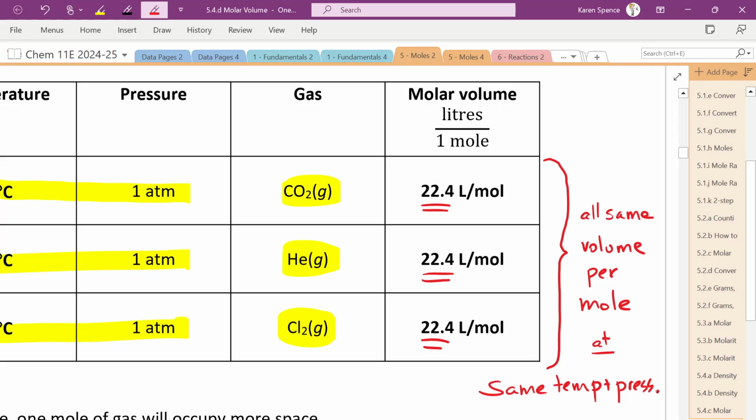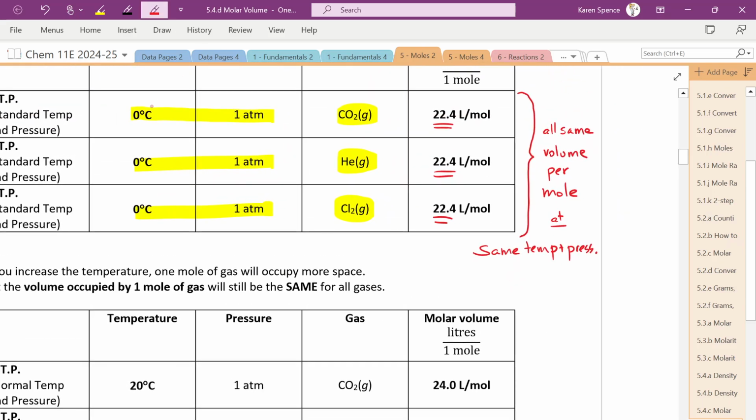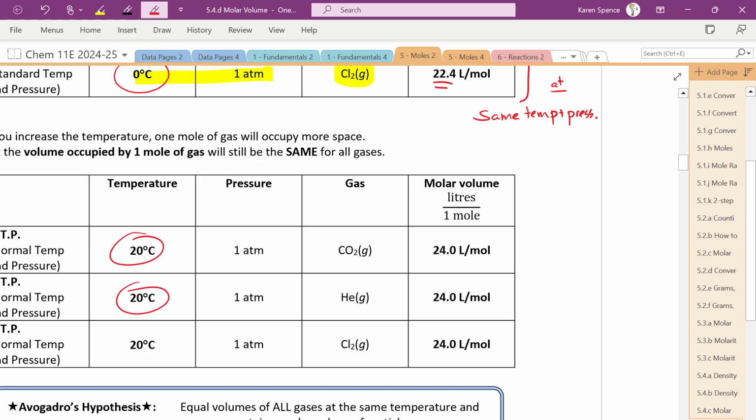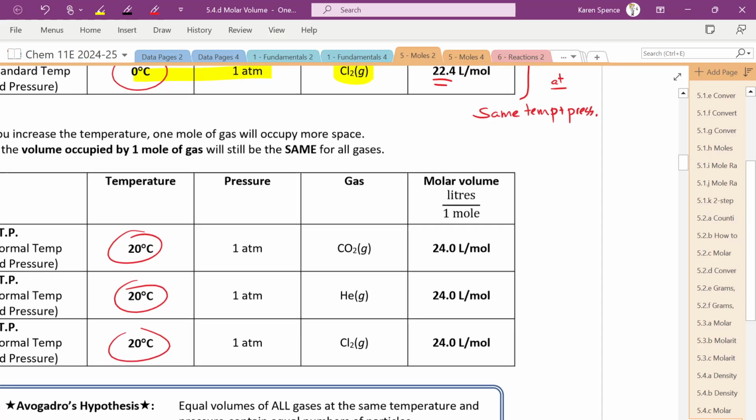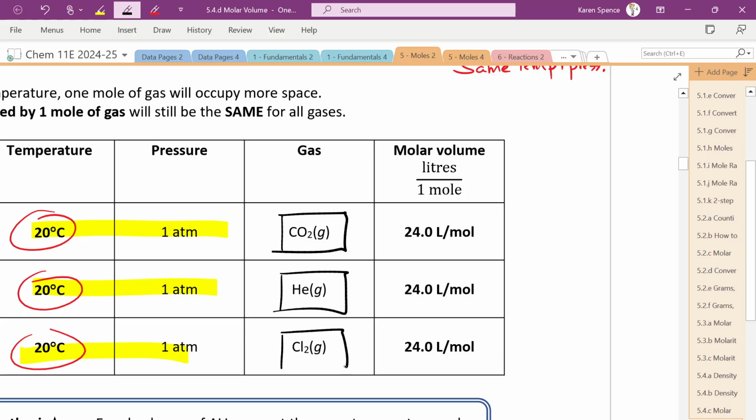If I were to change the temperature, so now instead of being at 0 degrees, now we are at 20 degrees, still 1 atmosphere. But if I change the temperature for all of them, you'll notice these are still all the same as each other, even though the gases themselves are different. And what do you notice about all of the molar volumes?